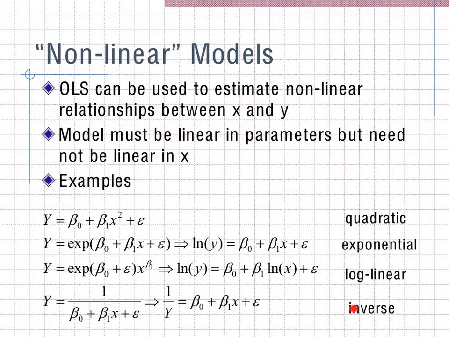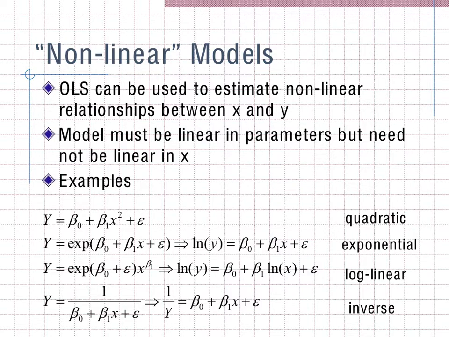Finally, one other example is an inverse model. In the inverse model, we have that y is equal to 1 over a linear function of x, beta 0 plus beta 1x plus epsilon. And the trick there is to take the original data and transform it by taking the inverse of our y values.